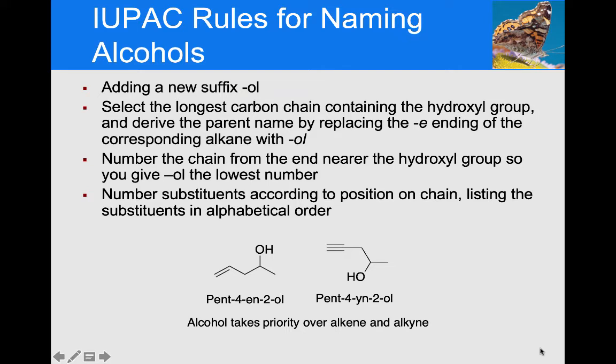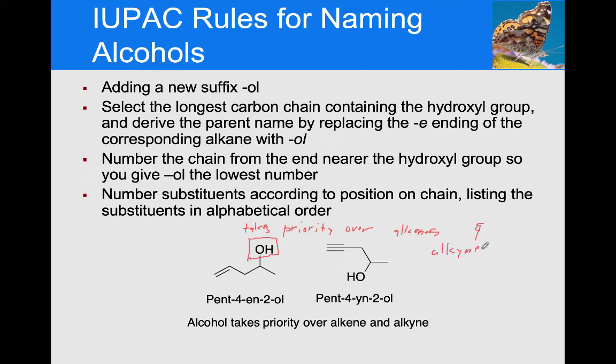We can combine alkenes and alkynes with the naming of alcohols. So in this case, one of the things to keep in mind is that when you're numbering here, the OH takes priority over alkenes and alkynes.